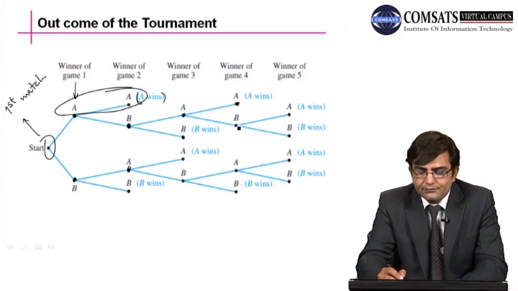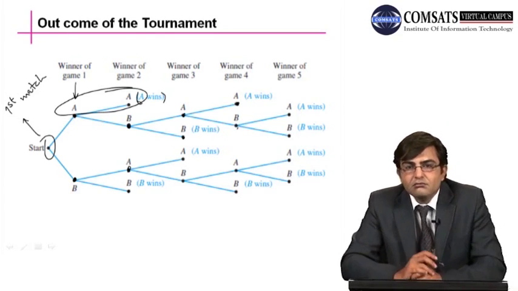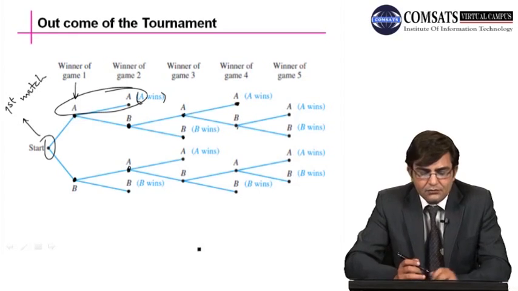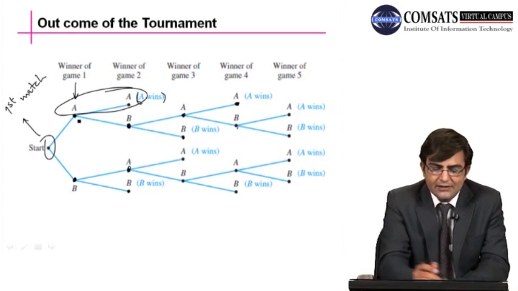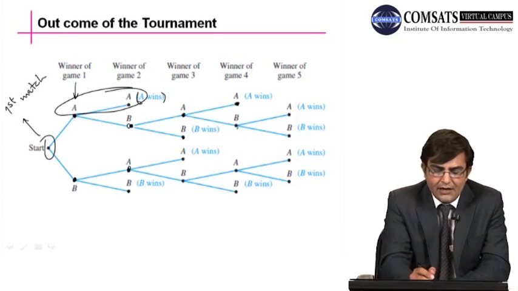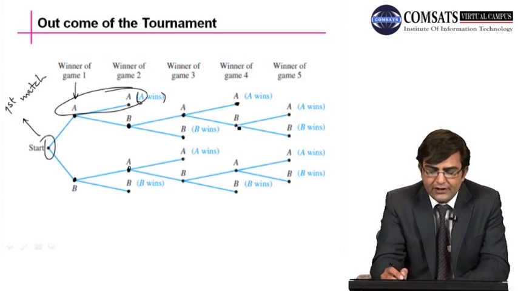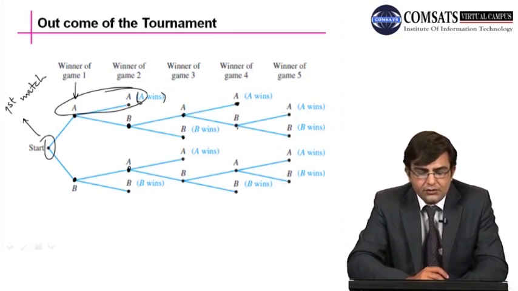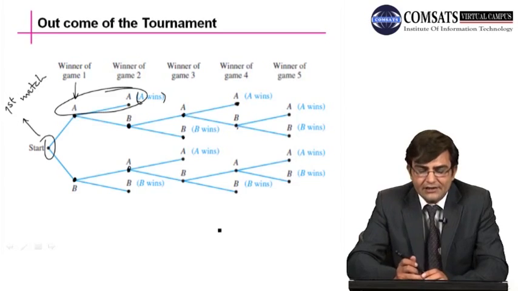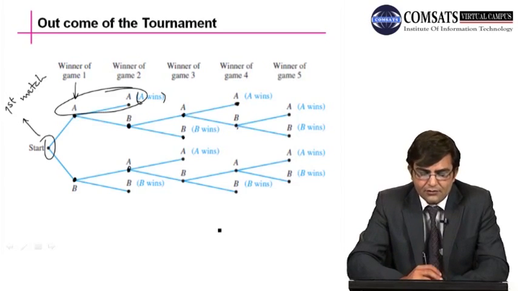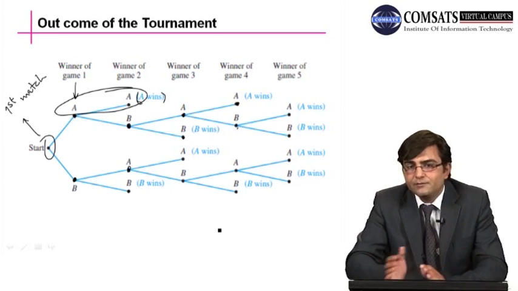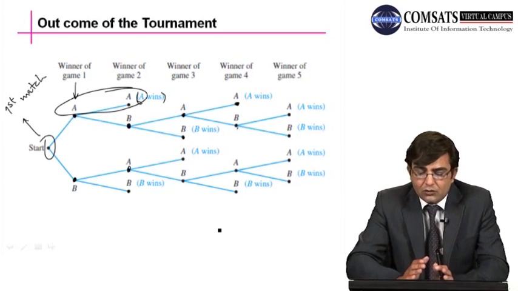If B is the winner, then until the 4th game, A has won the 1st and 3rd game, B has won the 2nd and 4th game. So none of the teams has won 3 games out of 4 games. So none of the teams is the winner of the tournament. So we will move further.